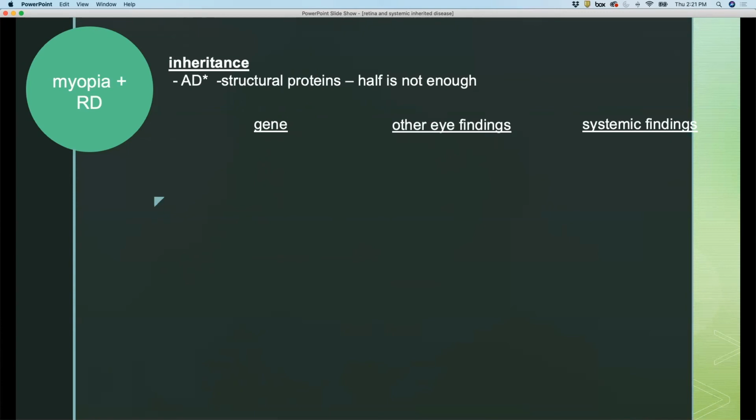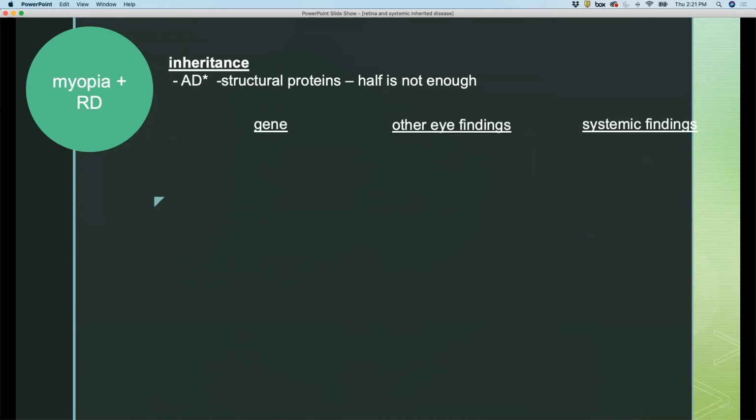So what are some diseases that are inherited that cause myopia and retinal detachment? Is pathologic myopia one? Pathologic myopia is inherited, but we don't really know the genes, most of the loci, and there are no systemic findings associated with it.